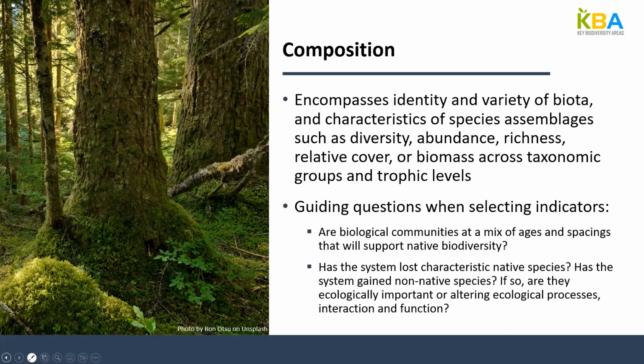So, for example, are there any alien invasive species present at the site? And if yes, how have these invasives altered the ecological processes, interactions, and functions of the ecosystem?